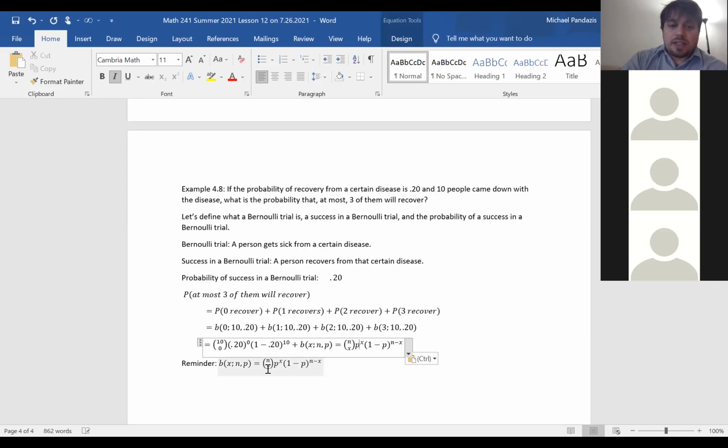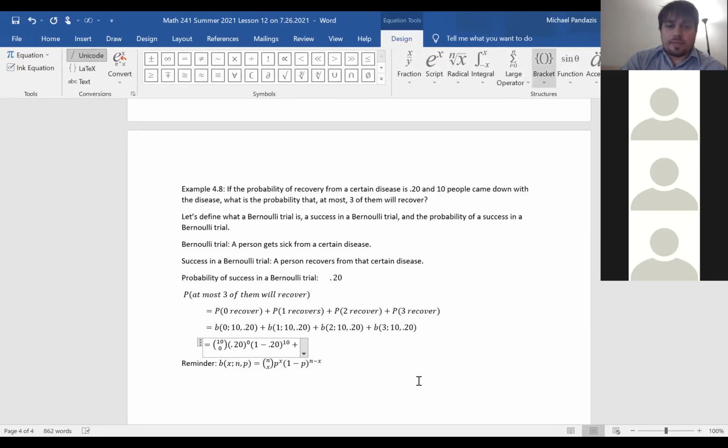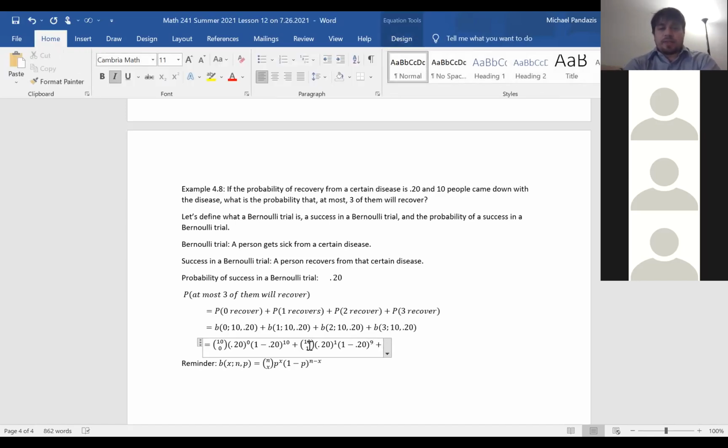plus, okay, then you have 10 choose 1 times probability of success 0.20 raised to the 1st power, and then times 1 minus 0.20 raised to the 9th power, then plus 10C2 times 0.20 raised to the 2nd power times 1 minus 0.20 raised to the 8th power, plus, I guess it's good to visualize the notation and to be able to see it while writing it down.